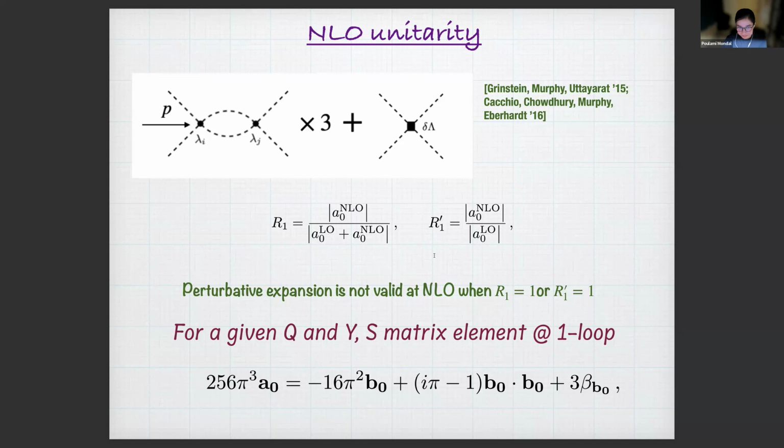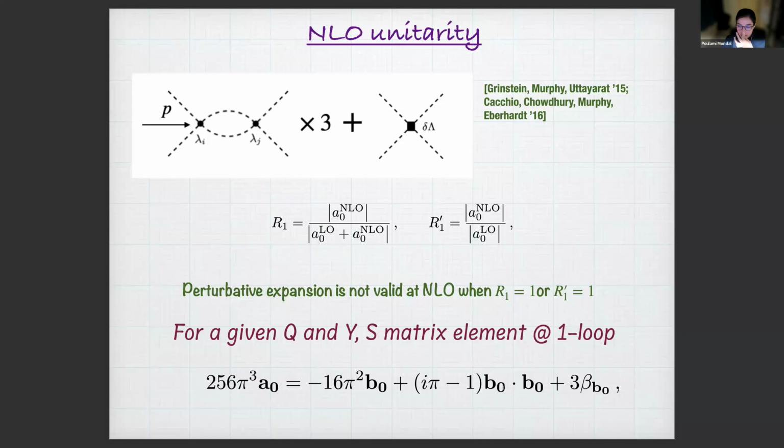You demand this because you are in the perturbative region. If you calculate it, at the one loop level the scattering matrix element can be written in terms of this expression, where A0 is the one loop scattering matrix element, B0 is the tree level scattering matrix element, and beta B0 involves the beta functions.